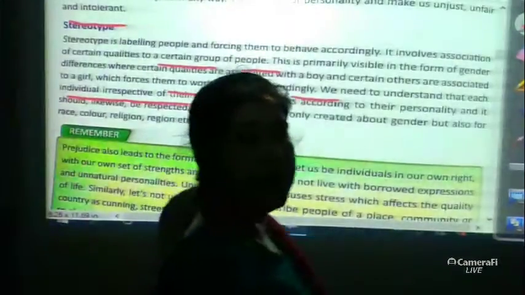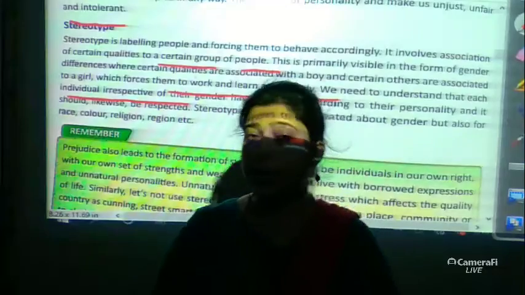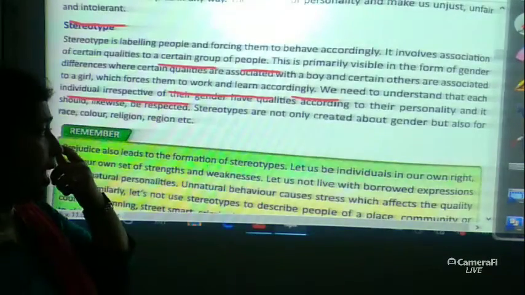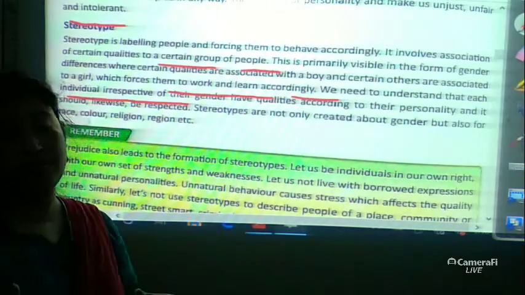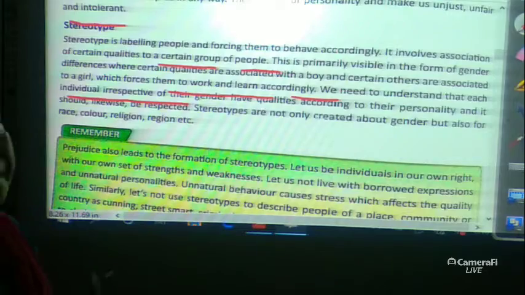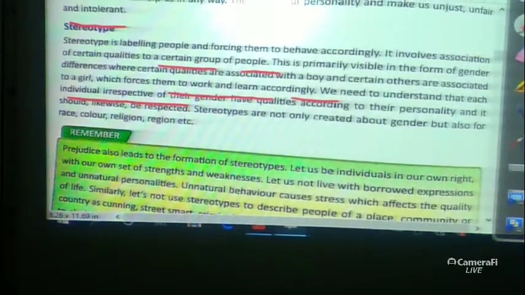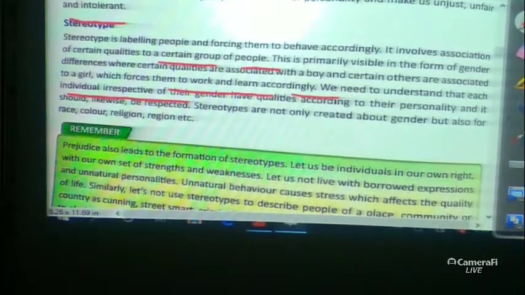We forget that every boy and every girl has their own quality, but we want them to do whatever we are thinking, and we prepare them like us, like our thinking.